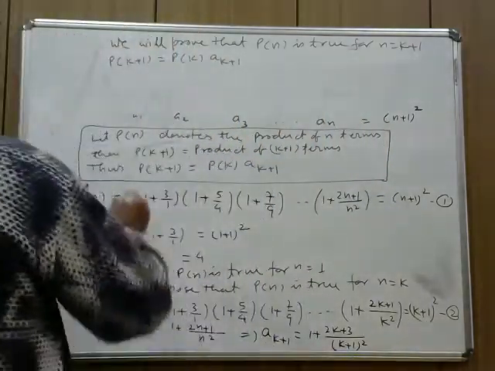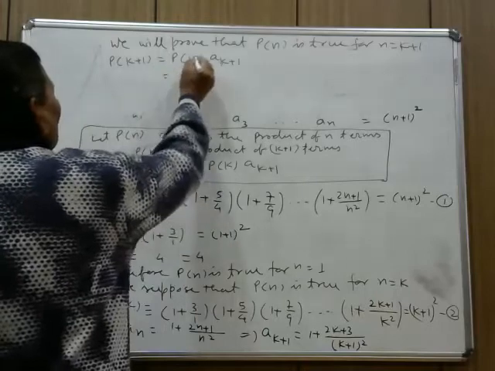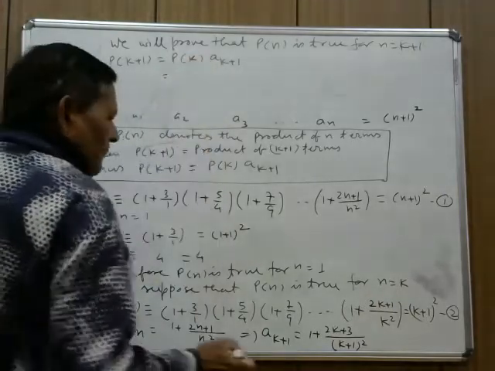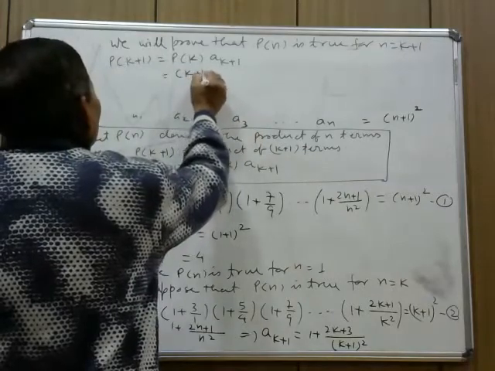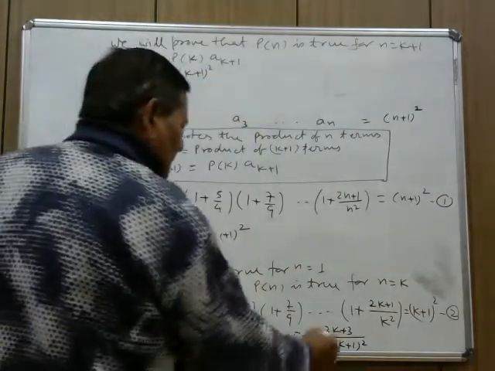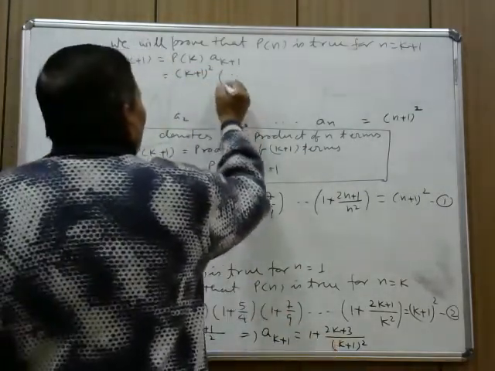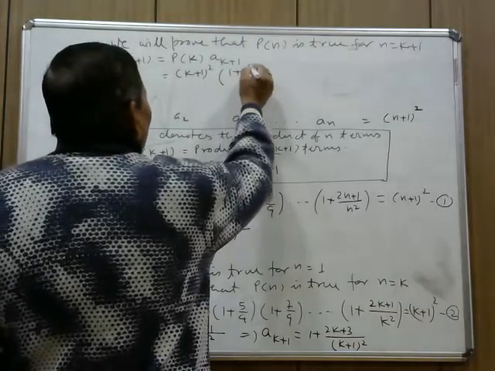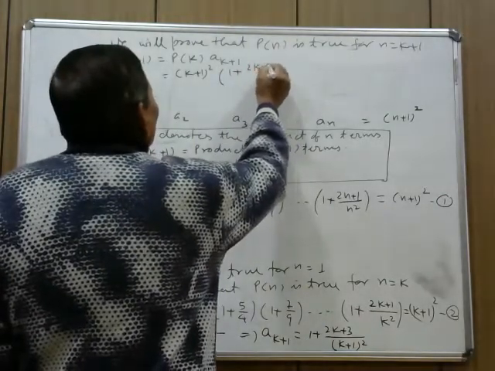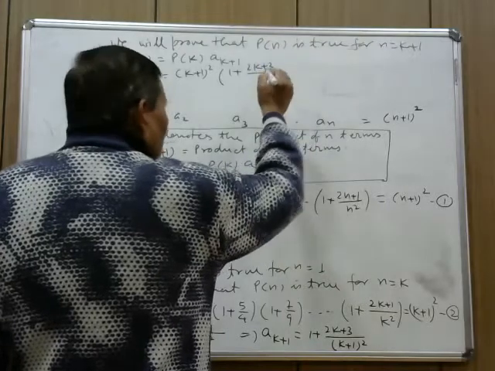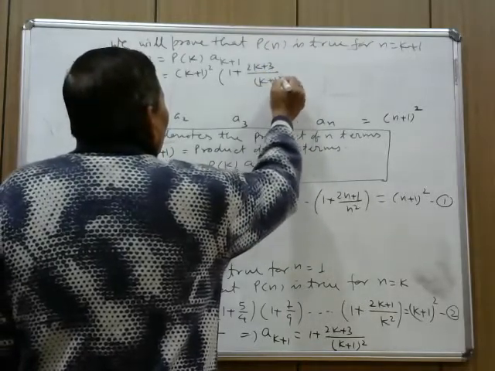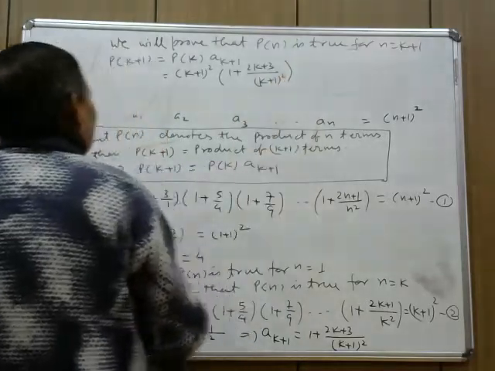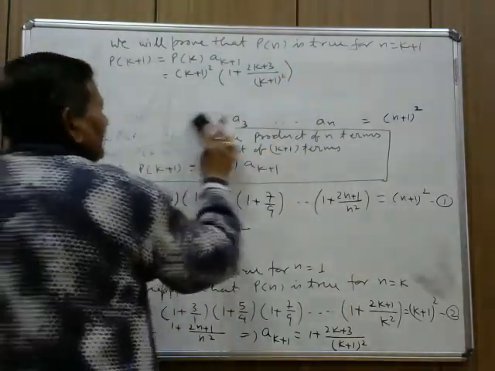So now you substitute both. Your value of Pk is k plus 1 whole square into a(k plus 1), which is 1 plus 2k plus 3 upon k plus 1 whole square. Now you solve this.